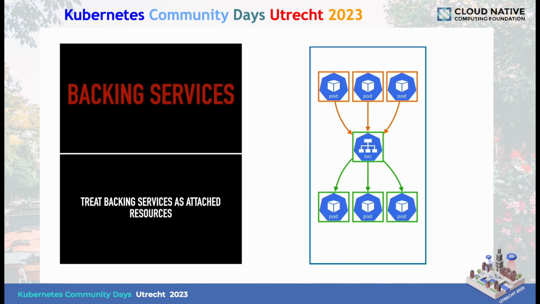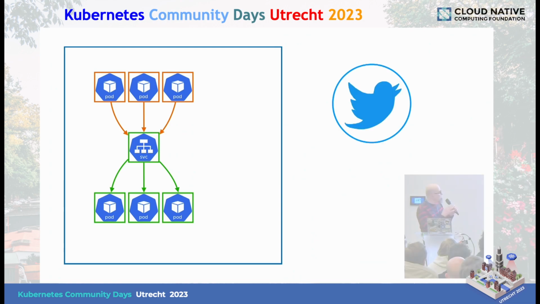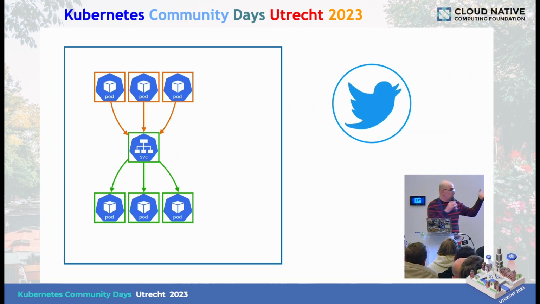For backing services, we use this pattern, services talking to each other via Kubernetes services. But let's assume that we have a website with a blue bird as a logo. We don't, so it's a great idea to have one.